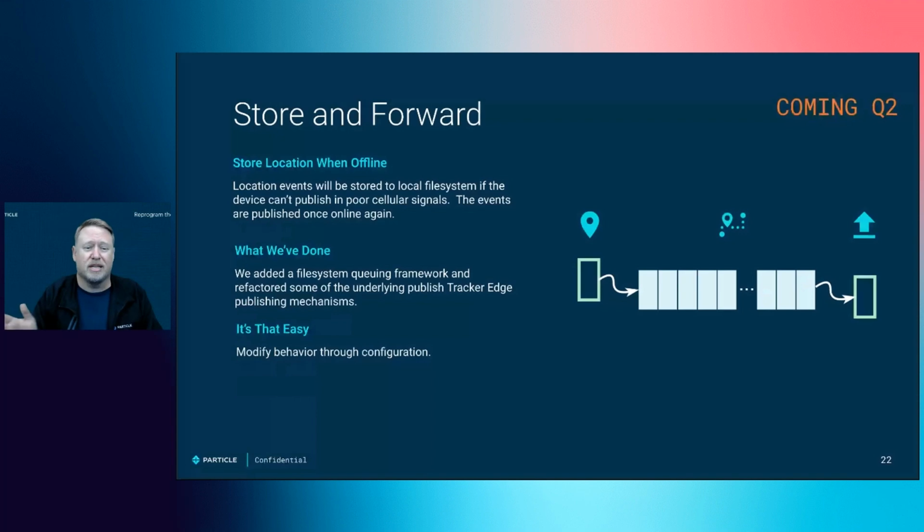Essentially, messages that aren't able to be published are identified and sent to the waiting queue on disk. This feature employs a new framework for disk queuing, as well as refactored publishing code that already is on Tracker Edge. And so using this feature should be as easy as just clicking a few things in the configuration panel. Next slide, please.